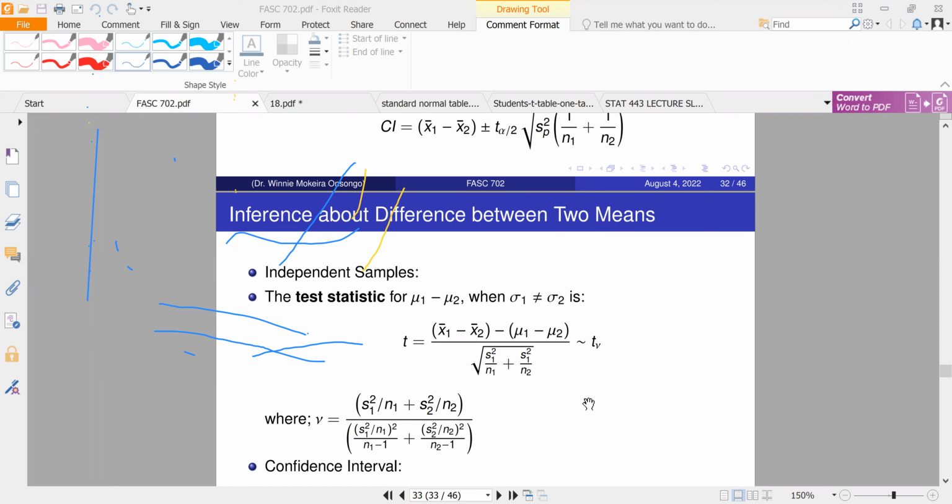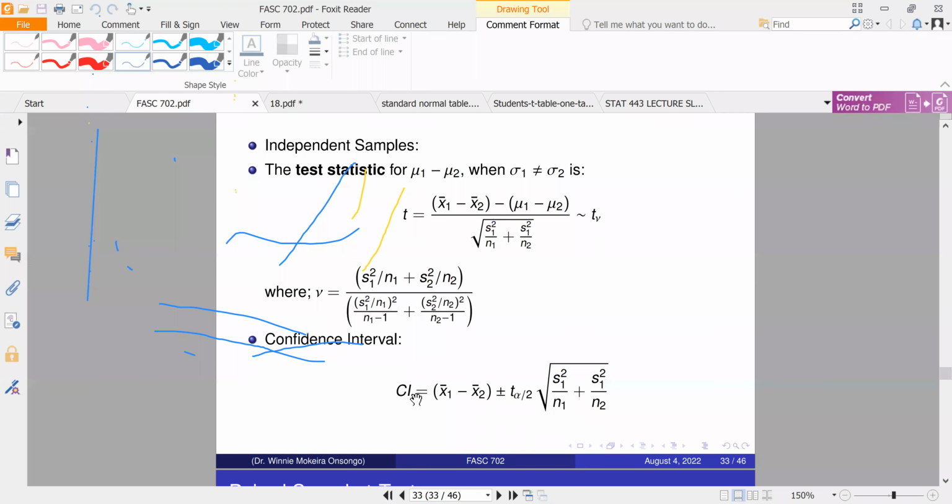So if we have these two conditions, then your test statistic becomes that. And the corresponding confidence interval for that statistic is calculated in this manner.